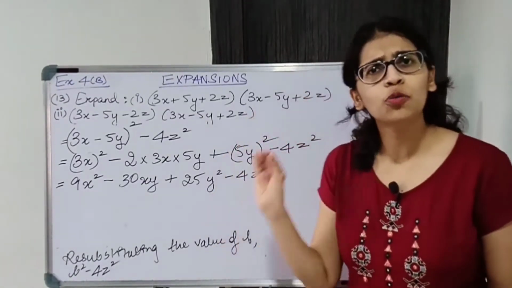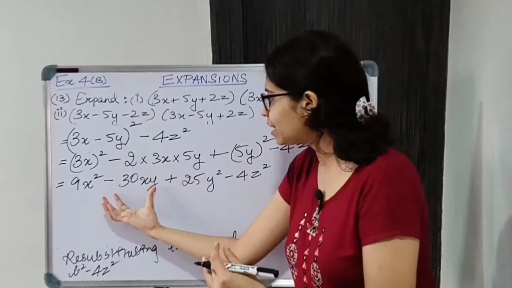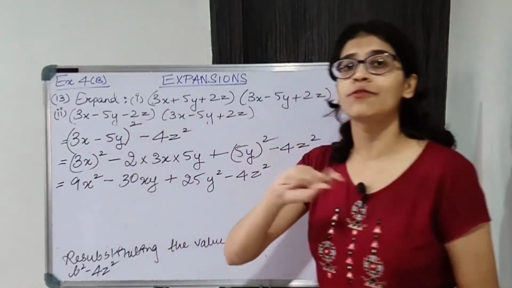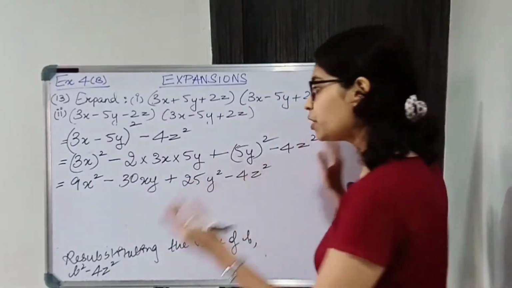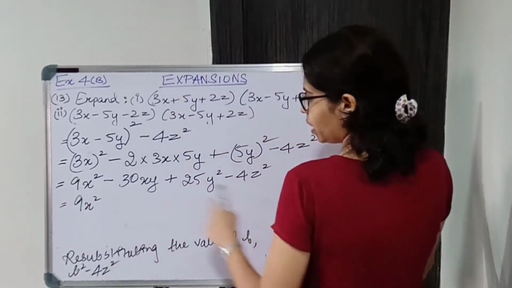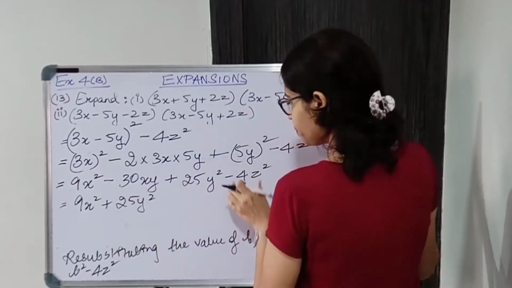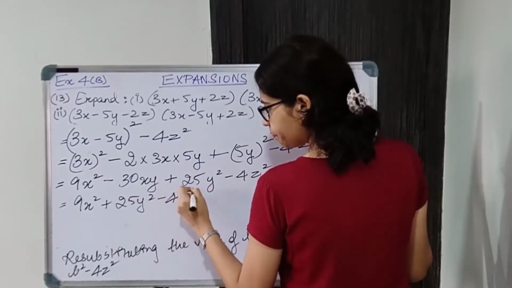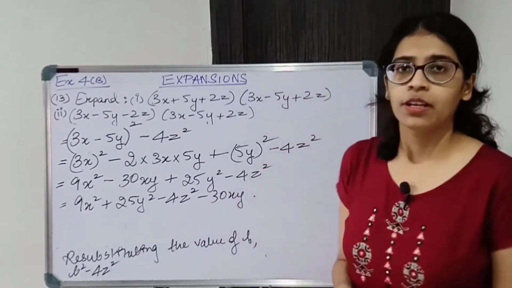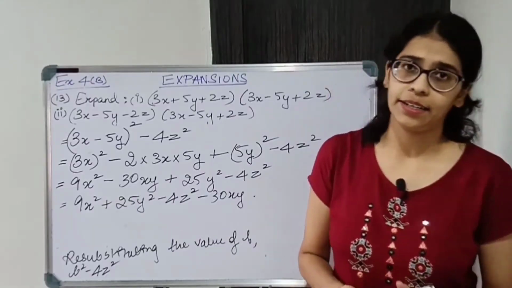If you want to group the squares together, you can write those terms before and then 30xy, but don't forget to put the correct signs in front of the terms. If you want to rearrange the terms once again, it will be like this: 9x square plus 25y square along with the signs, minus 4z square minus 30xy. So even this form is correct. If you want to express in this form, this is also correct.